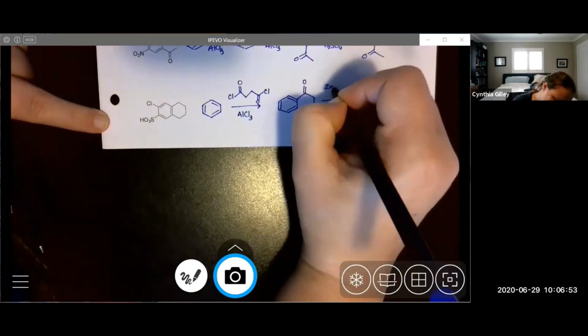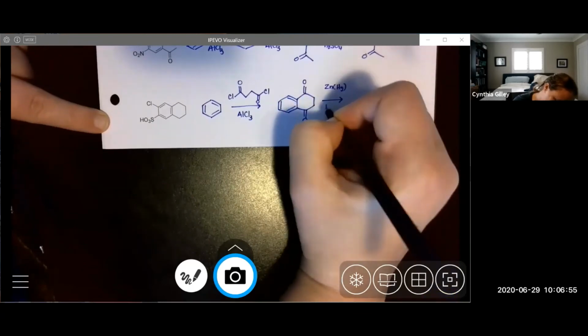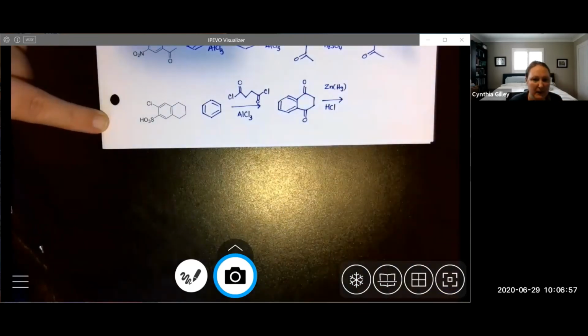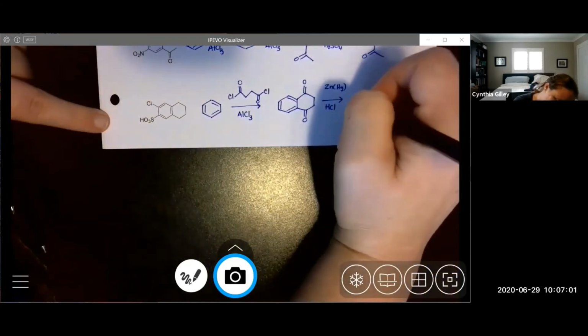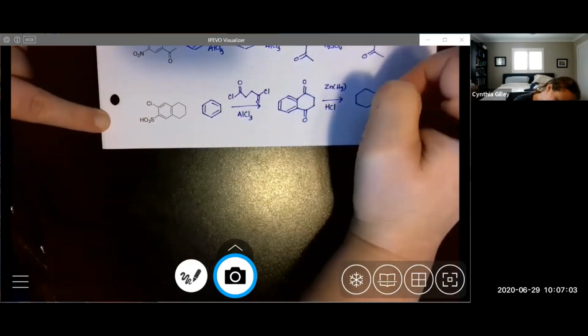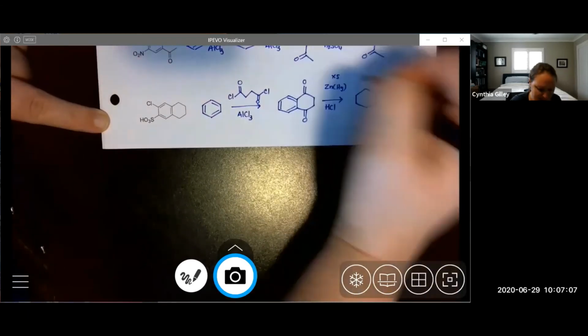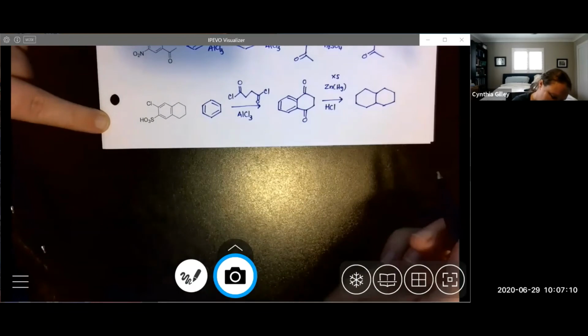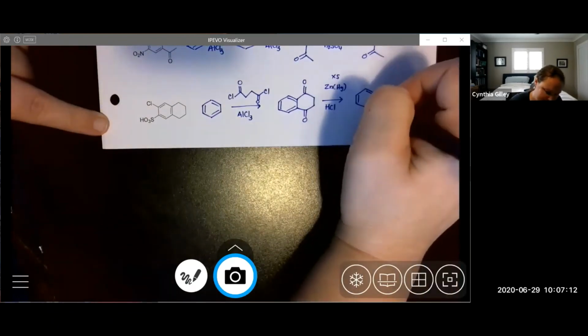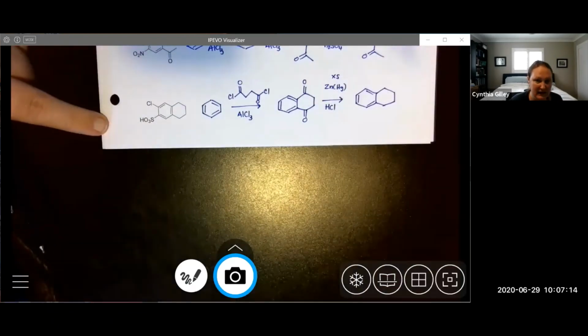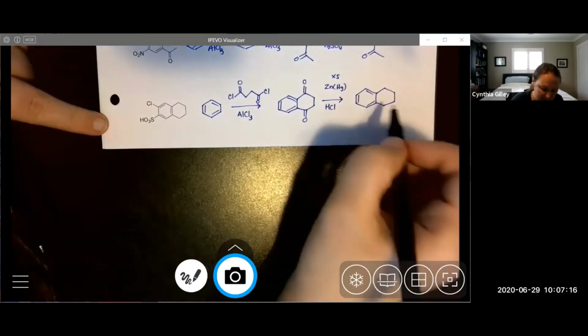And that's the zinc mercury amalgam, but it proceeds with no rearrangement, which is really helpful. Now I've reduced, and really you're going to need excess because you're going to reduce both. Now we have that second ring, which is an ortho-para director because it's an alkyl group.